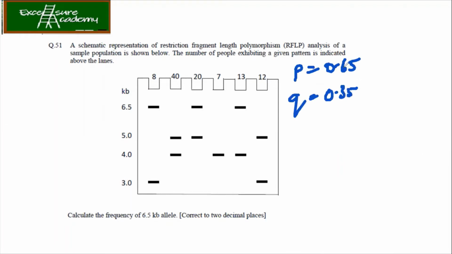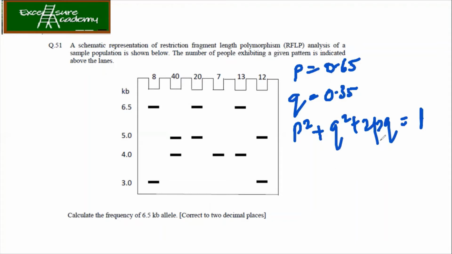Correct. Now let's check these values. If you do p square plus 2pq plus q square, you are going to get 1. When you calculate all these values and add them, in total you should get 1. If you're not getting 1, then something is wrong.